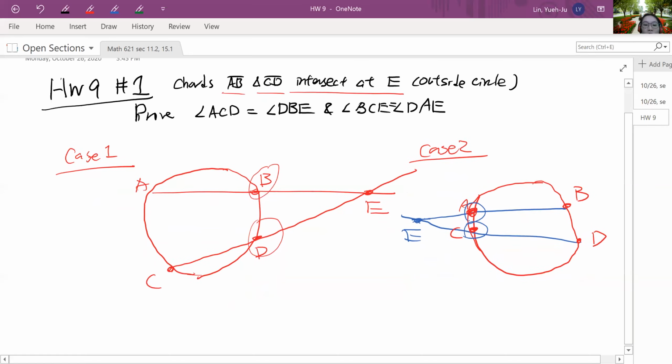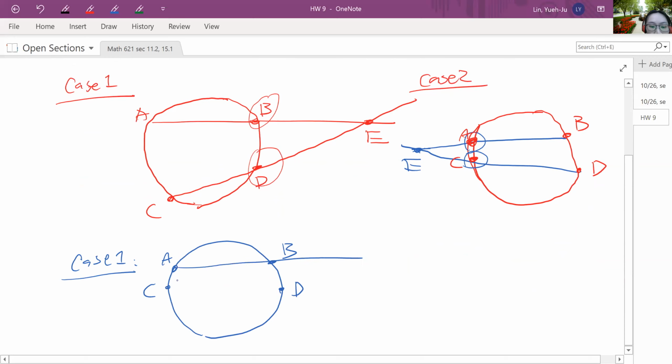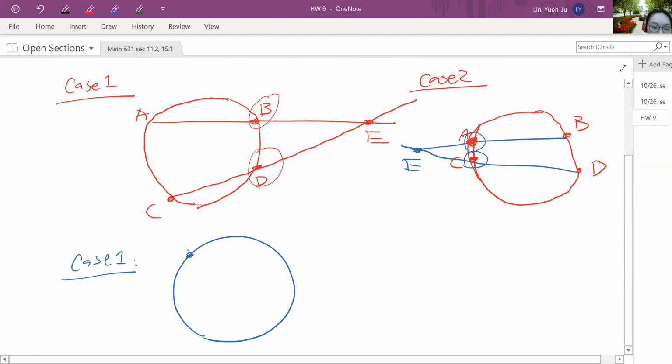Or you can consider, like what I said, that these two cases reflect two situations. So either you say, okay, I consider A, B, D, C. Bad picture, sorry, I couldn't make up my mind. So do it again.